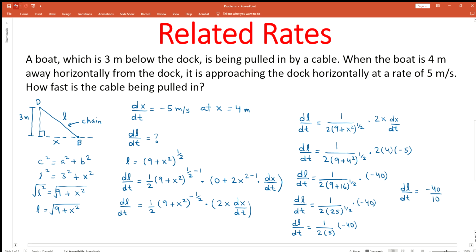Negative 40 over 10 can be reduced to negative 4.